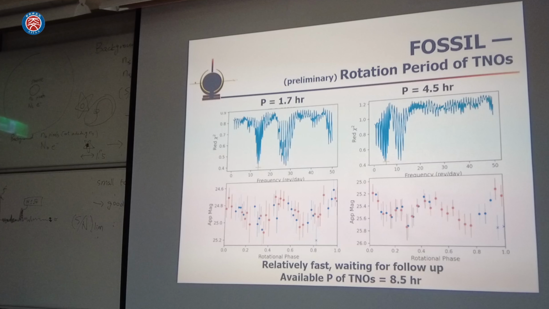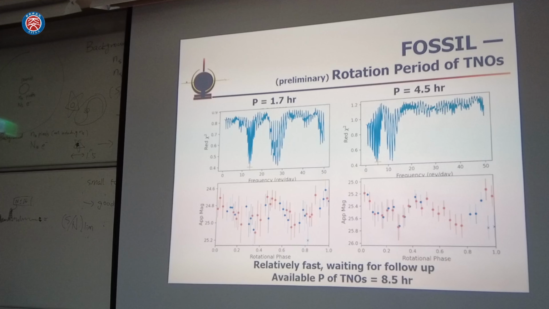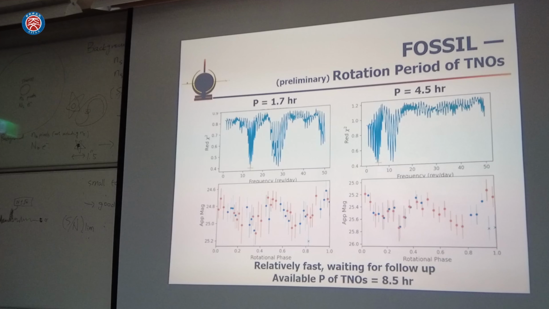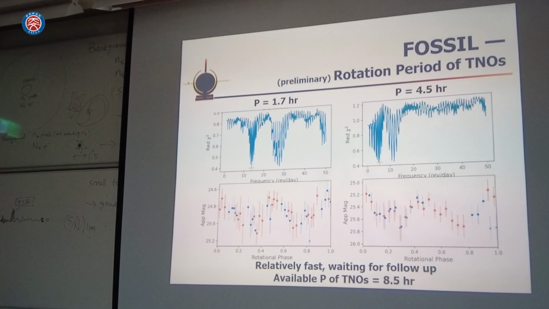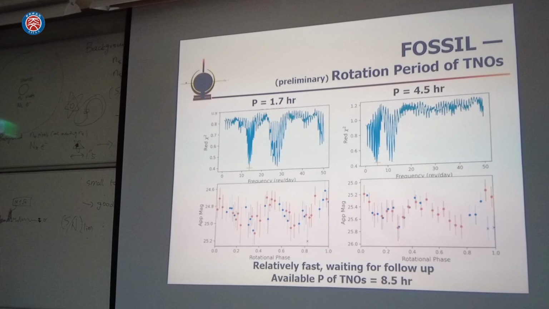What is the mechanism? Was it born in this way, or is there some mechanism we don't know that can make it spin so fast?